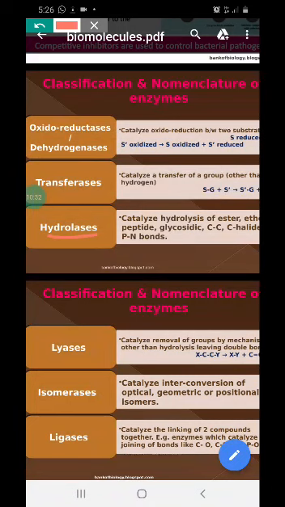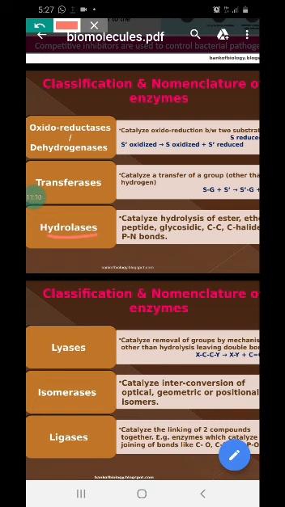They catalyze hydrolysis of ester, ether, peptide bonds. What is a peptide bond? Between two amino acids, right? Glycosidic: remember RNA and DNA, glycosidic linkage. C and C, between C and C. C-N. Halides: what is a halide? Chlorine, fluorine, iodine, that group is the halides. And P-N bonds. So most of the enzymes in the living system are hydrolases.